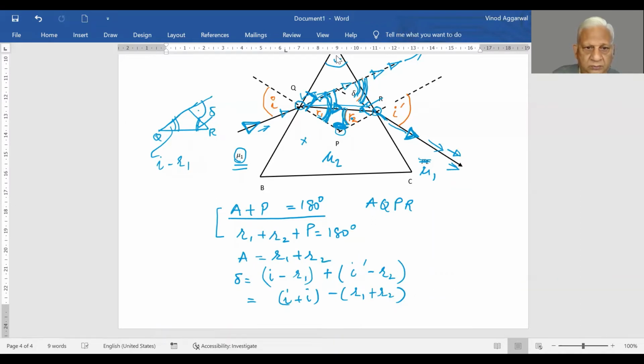And we know if we substitute R1 plus R2 as A, this becomes delta is equal to I plus I dash minus A.